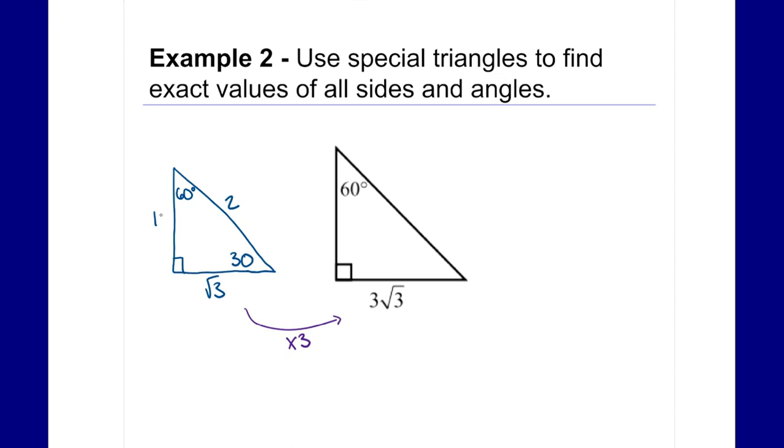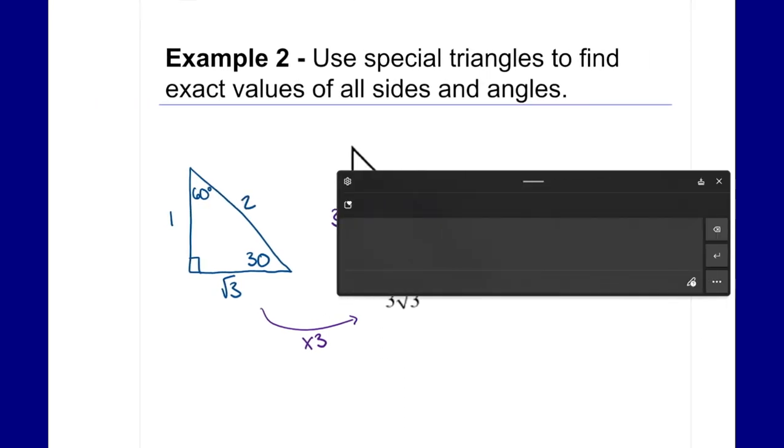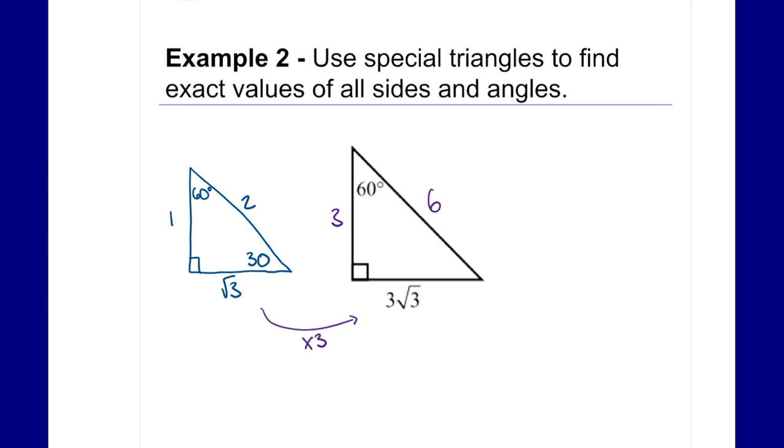So for the adjacent, 1 times 3 is 3, and for the hypotenuse, 2 times 3 is 6. So that will give me the exact values for the other sides. And finally, the other angle has to be 30 degrees. It's going to be similar to the other one, with the same angles.